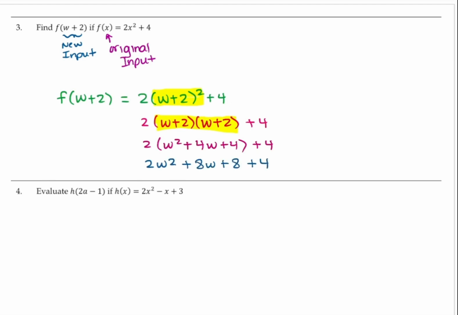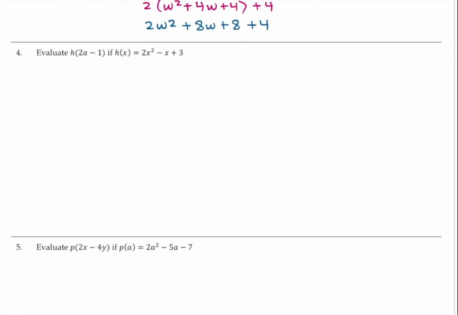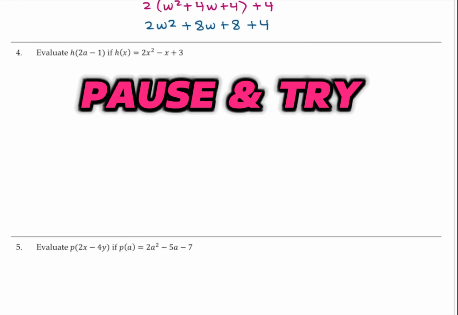And then one last combine like terms process, giving us our final answer, 2w squared plus 8w plus 12. I'm going to let you guys try this one out, pause the video, and we will compare our answers.